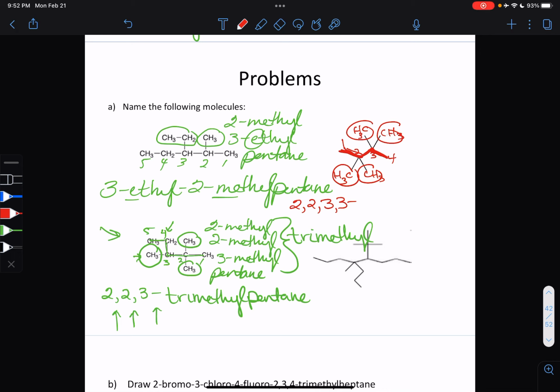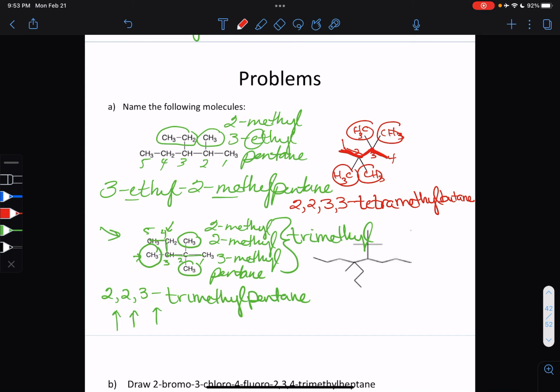And what do we call it when we have 4 methyl groups? 4 branches that are all methyl. We're going to call that tetramethyl. And what is a 4-carbon chain called? So we're going to squish that in the side right there and call that butane. Oh, yep. Yay! I squished it in. So we've got 2,2,3,3-tetramethylbutane. Woo! That's a lot.